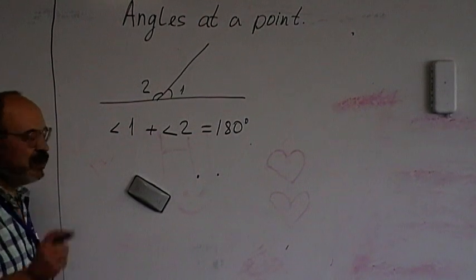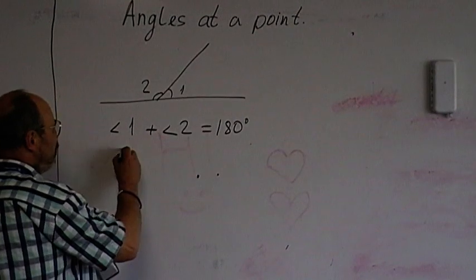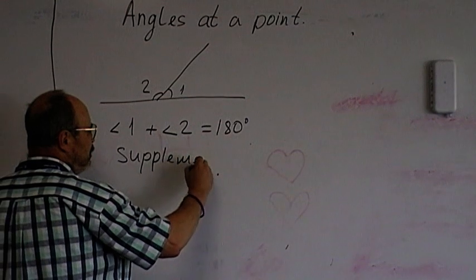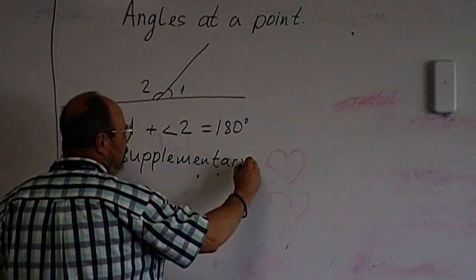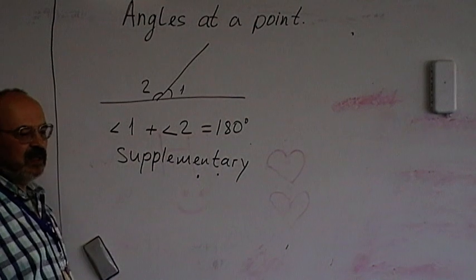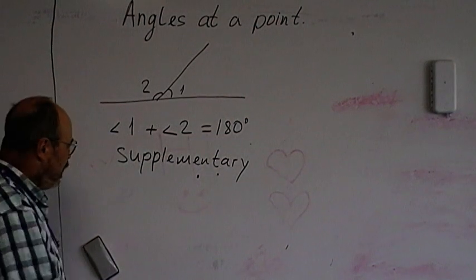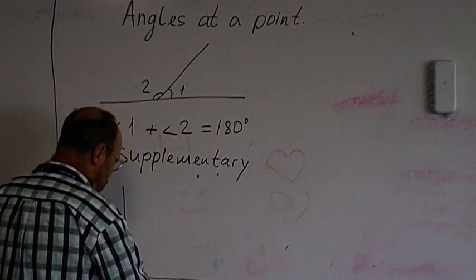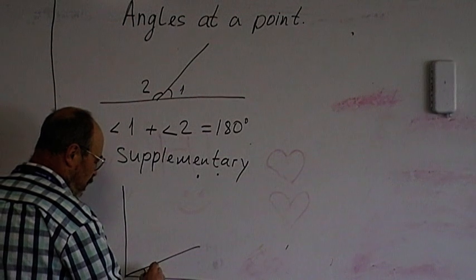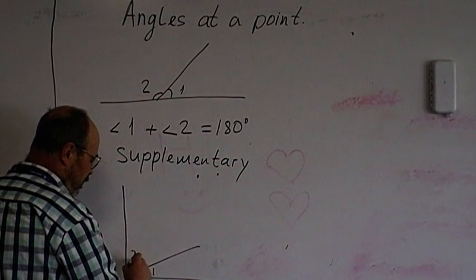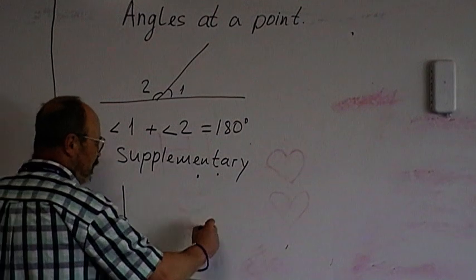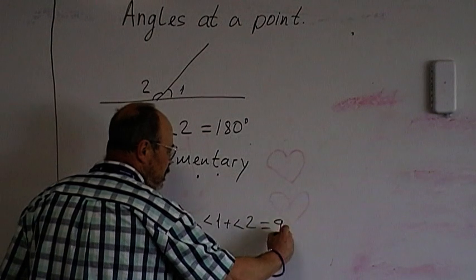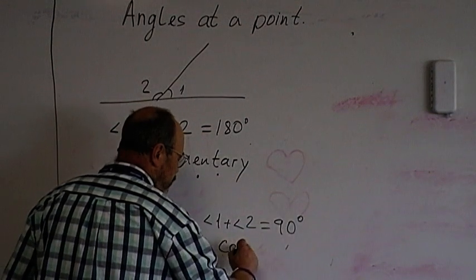They're called supplementary. If two angles add up to 180, they're called supplementary. If we have two angles which add up to 90 degrees, angle 1 plus angle 2 equal 90 degrees, they're called complementary.